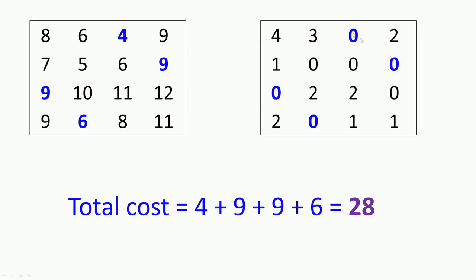These were the 4 assignments which are shown in blue color on this side, and just to highlight, these are the assignments 1, 2, 3 and 4. The corresponding costs are 4 plus 9 is 13, plus 9 is 22, plus 6 is 28. So, we have now solved this assignment problem to get the best solution.